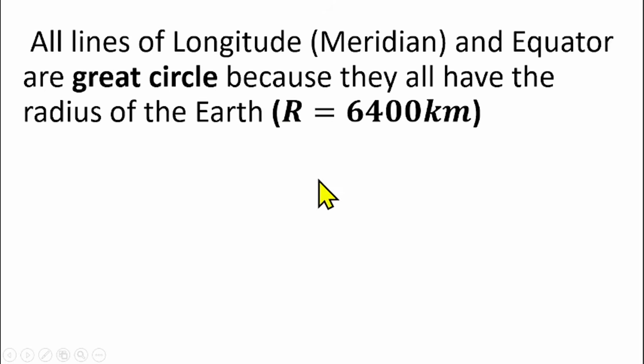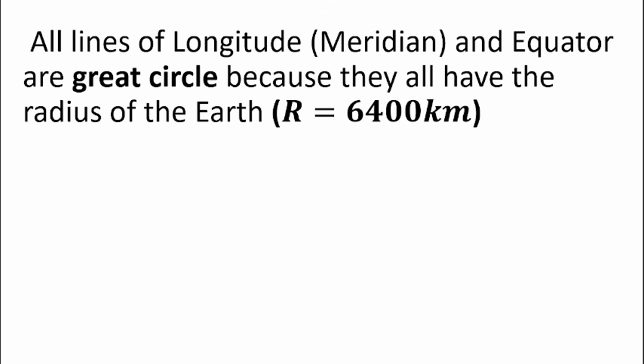Some of these lines are categorized as great circles, and some as small circles. You should be able to differentiate between them, because sometimes the question will ask you to calculate the distance between 2 points, either along a great circle or along a small circle. If you don't know the meaning of great circle or small circle, there will be a problem.